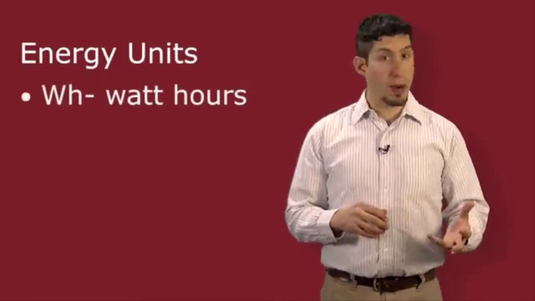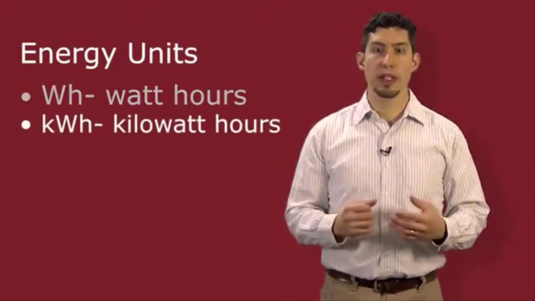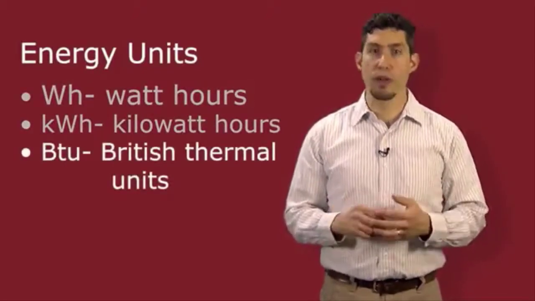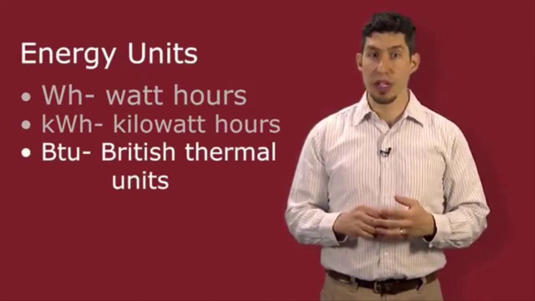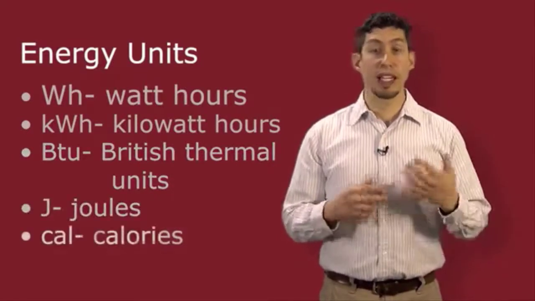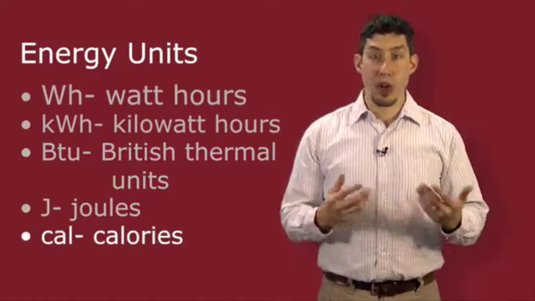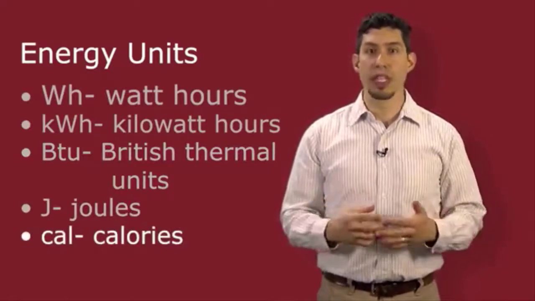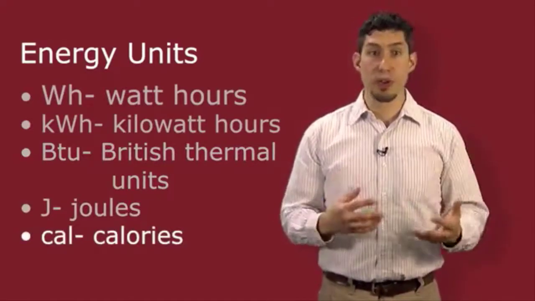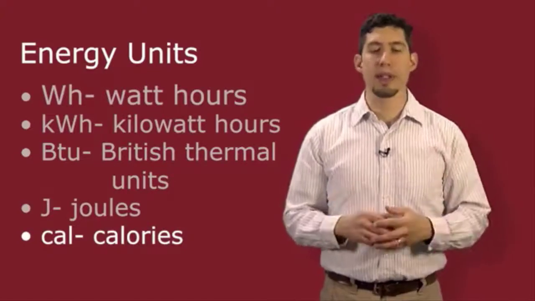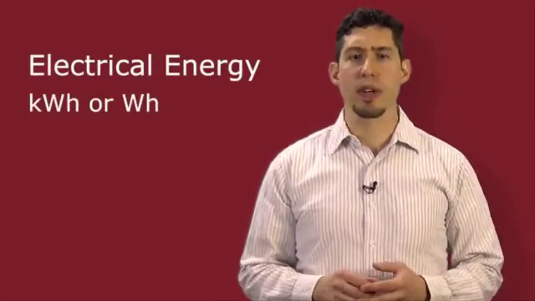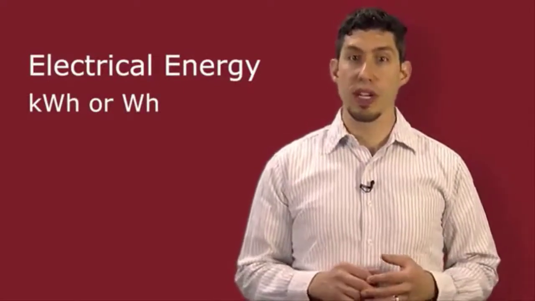There are many units for energy, such as watt hours, kilowatt hours, BTUs, which stand for British Thermal Units, joules, and calories. Calories also happen to be the same energy unit that we use to describe foods and burning of calories. Energy for electricity is typically measured in kilowatt hours or watt hours when being consumed or produced.